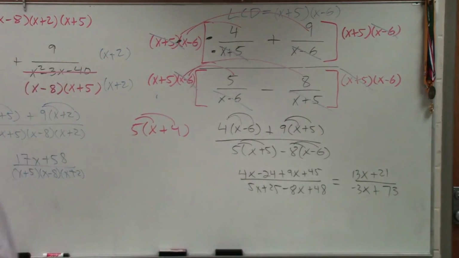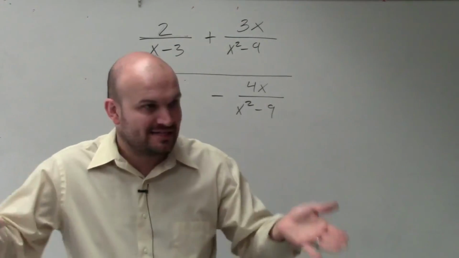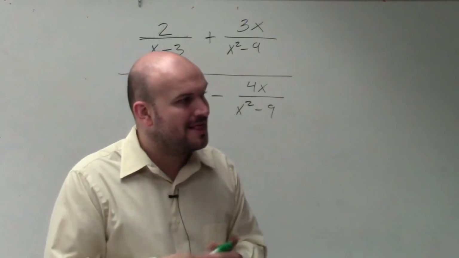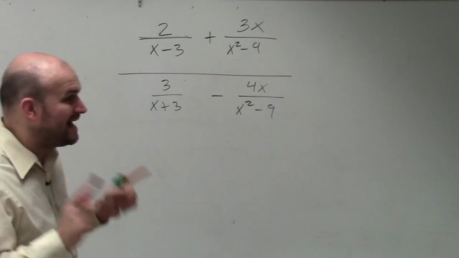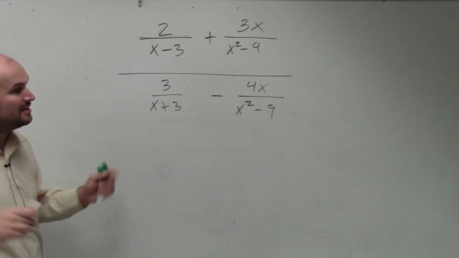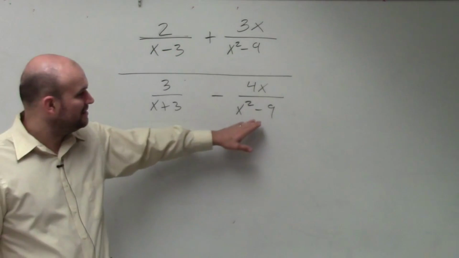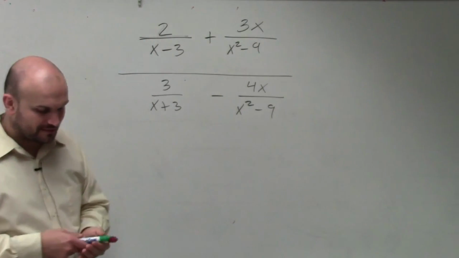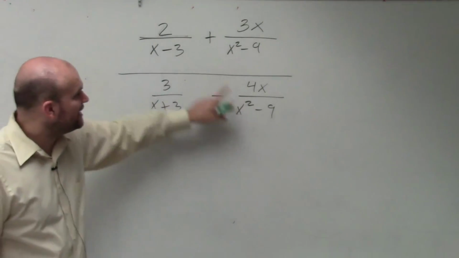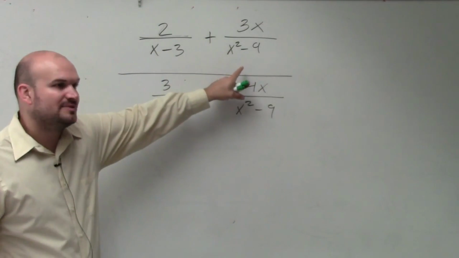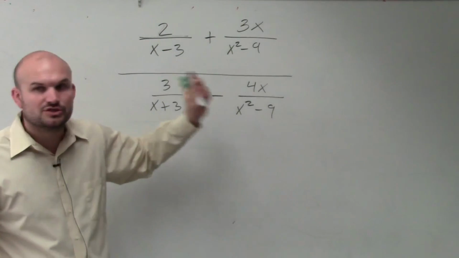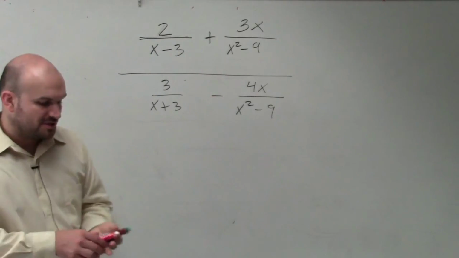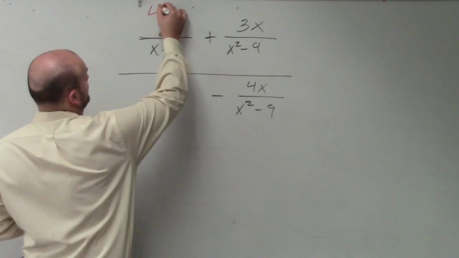Okay? So whenever you guys are adding and subtracting, or especially when you have complex fractions, the best thing I want you to do is, one, identify the LCM, and let's get rid of this crazy stuff that we have going on in the numerator and denominator. To get rid of these, all I simply need to do is multiply every single term by my LCM. So let's figure out what the LCM is.